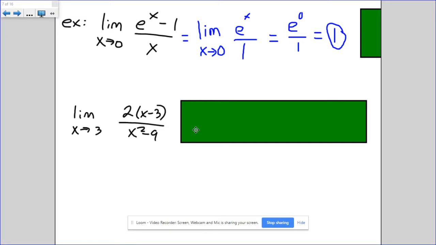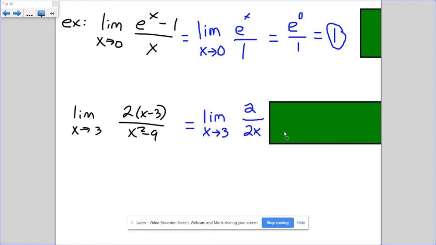So we know, based on L'Hopital's rule, if we have an indeterminate form, then the limit of the original is the same as the limit of the derivative of the top over the derivative of the bottom. Okay? So if it's easier to do this, you can distribute this. It's 2x minus 6. The derivative of 2x is 2. The derivative of 6 is 0, so you just get 2 on top.